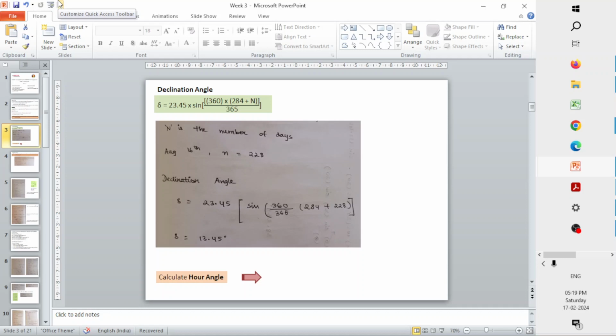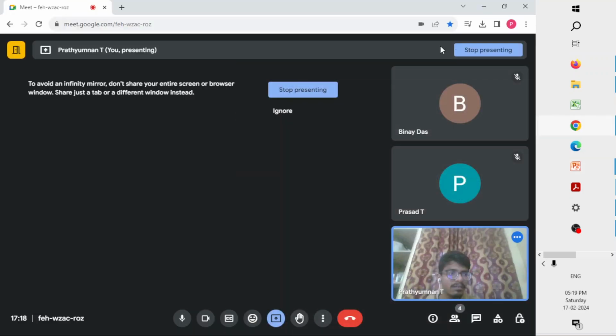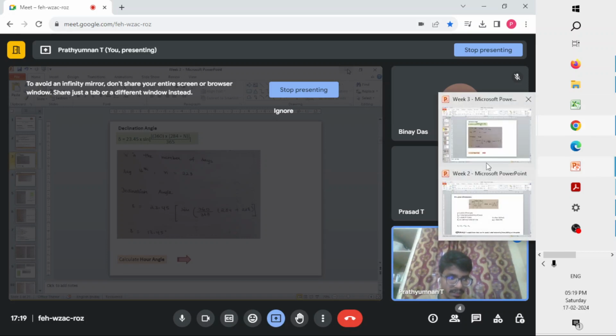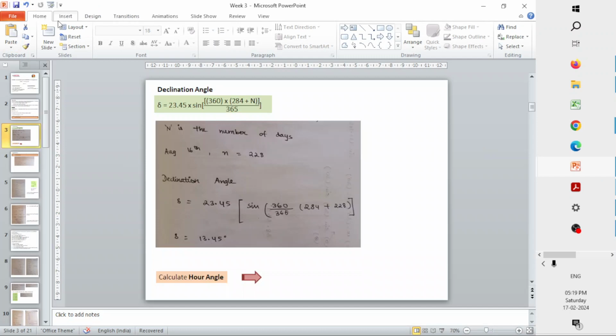Anybody? Calculation of hour angle. Okay, so let us calculate the hour angle once again.